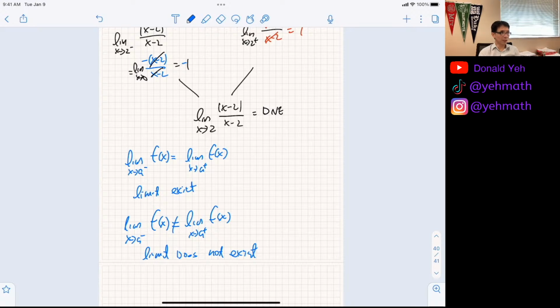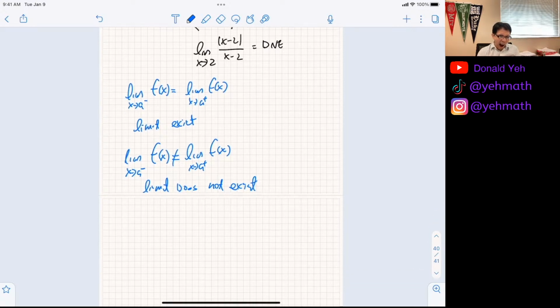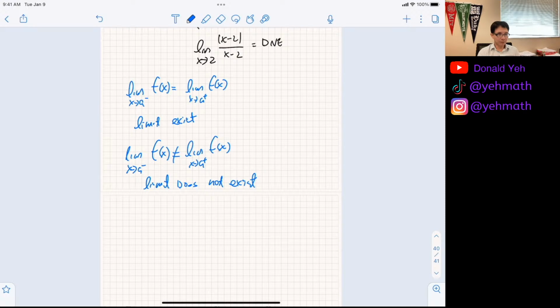If approaching different numbers, it does not exist. Is that okay? That's what the limit's about.